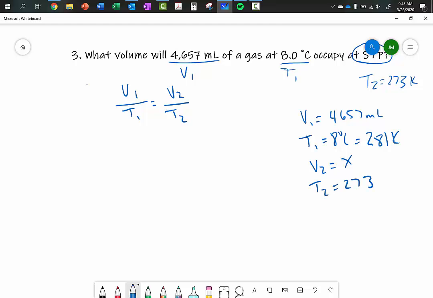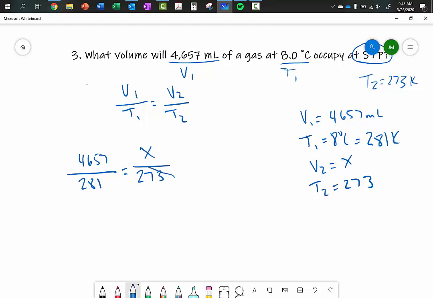So I can plug these values in. 4,657 over 281 is equal to V2 over 273. To solve this, I cross multiply and divide.